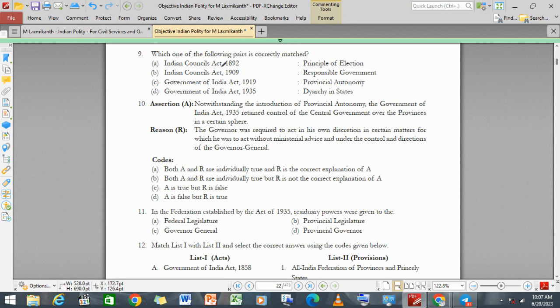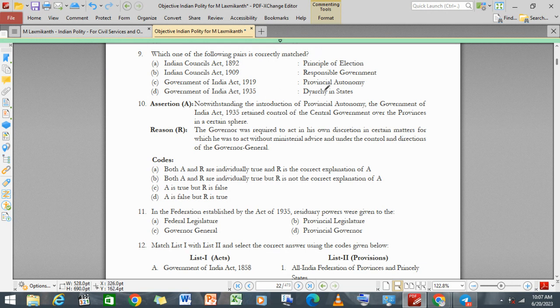1892, Indian Council Act, principle of election. 1909, responsible government? No. 1919, provincial autonomy? It was not. Provincial autonomy came in 1935.